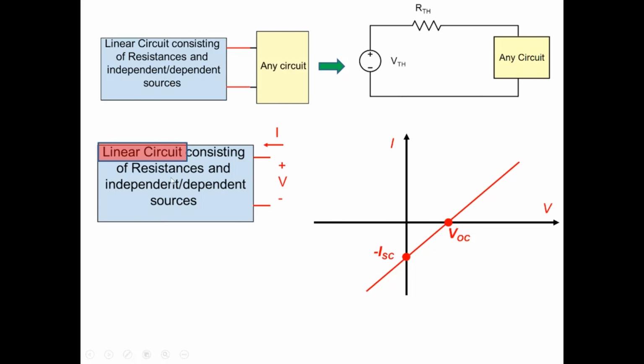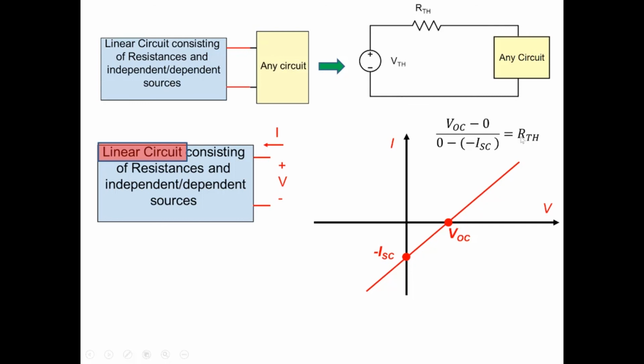So this is a linear circuit, so it can be described by a straight line like this, and there would be some open circuit voltage and some short circuit current. Of course, the slope of this particular line we can write down. The slope will be VOC minus 0, over 0 minus ISC, taking this point here and this point here. So it's a ratio of voltage and current.